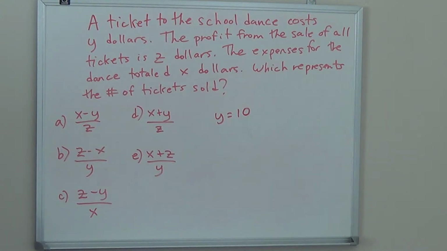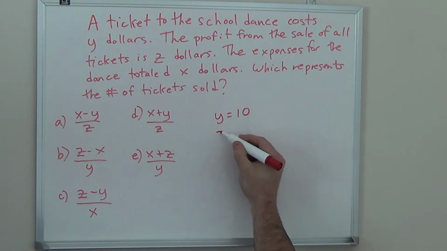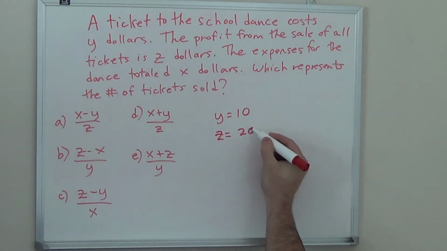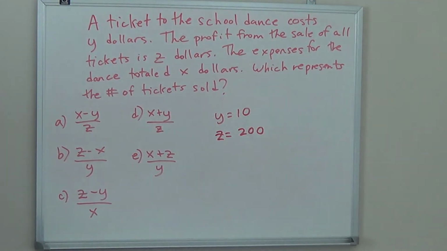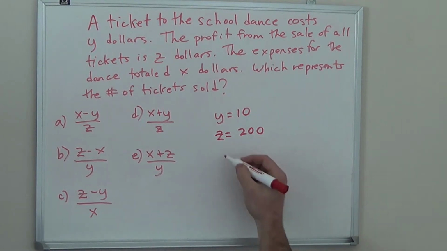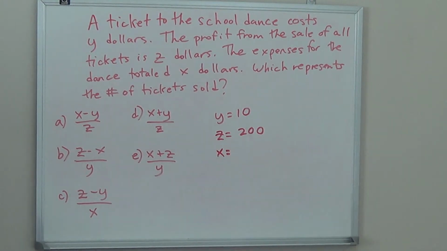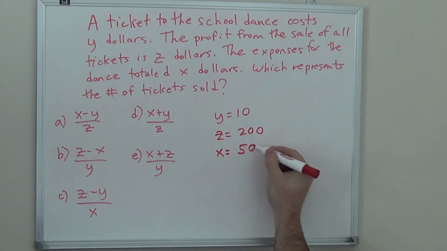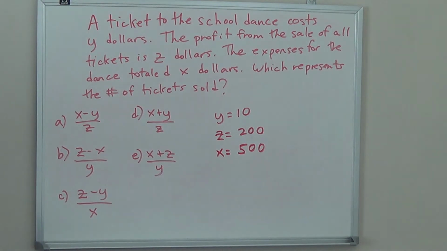And the profit that they make from selling all these tickets is Z. We'll just say the school makes $200. That's their profit, right? And the expenses for the dance totaled X dollars. How much money does it take to put on a dance? I have not a clue. I'm just going to make up a number. Let's just say it costs $500.